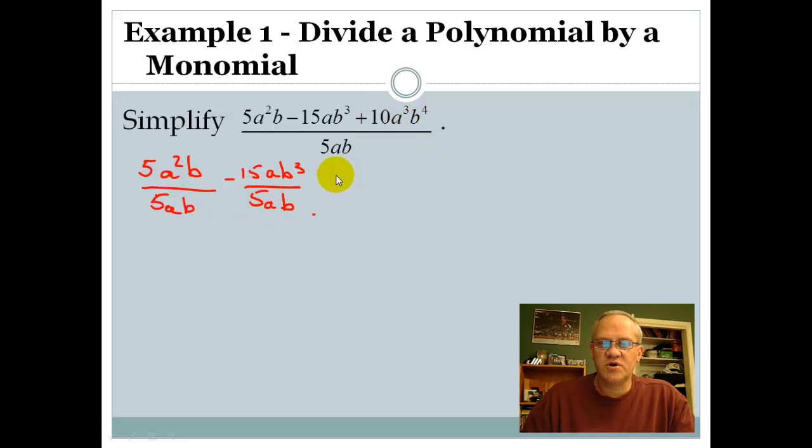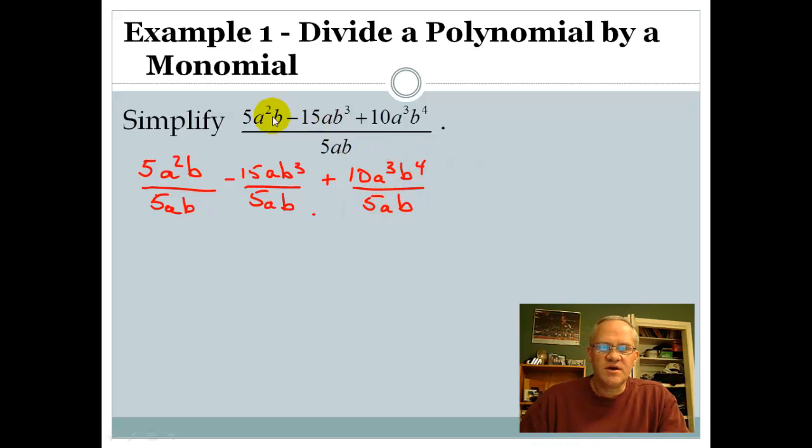And then you also have this part, plus 10 a to the third b to the fourth over 5ab. Because this whole thing is divided by 5ab, we can take each part and divide it by 5ab separately. Okay? So then all we have to do is follow the rules that we did in the last section and divide these out.